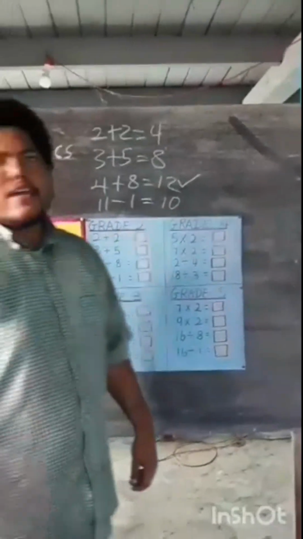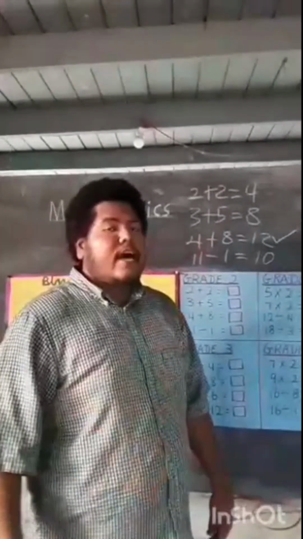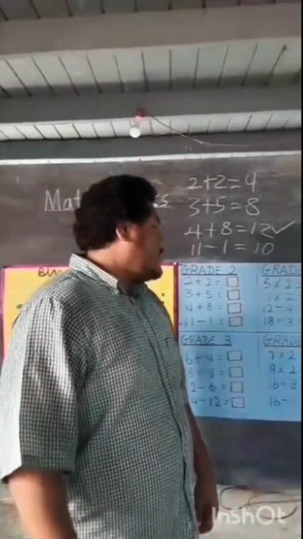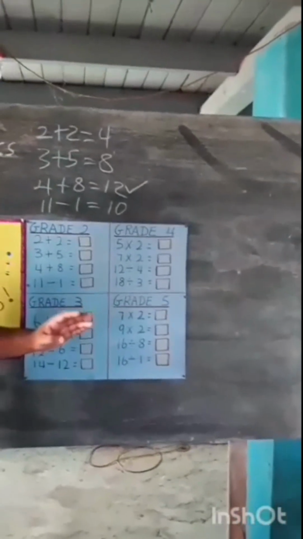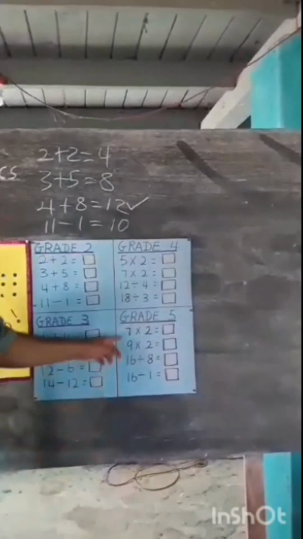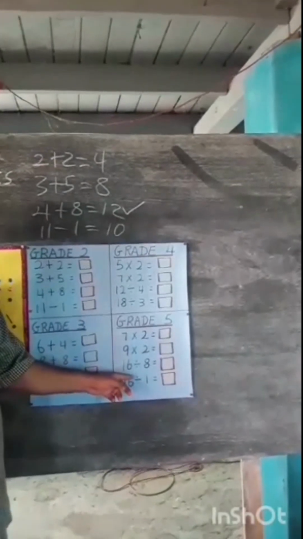Yeah, so this bingo game can be used to teach the 4 different operations: multiplication, addition, subtraction, and division. Let us do another example. Good. Let's say for example I'm teaching grade 5. I have 2 multiplication problems on the board and 2 division problems on the board.